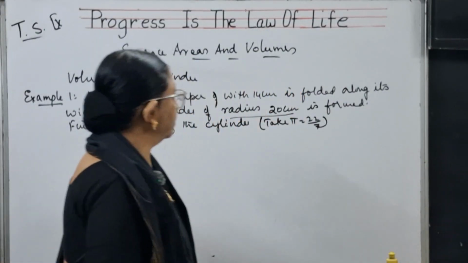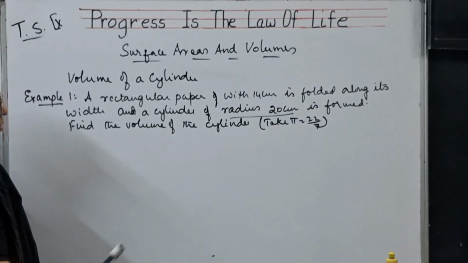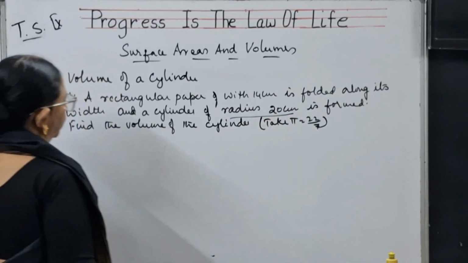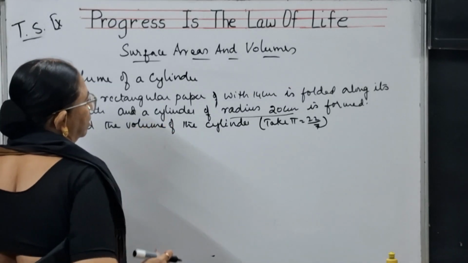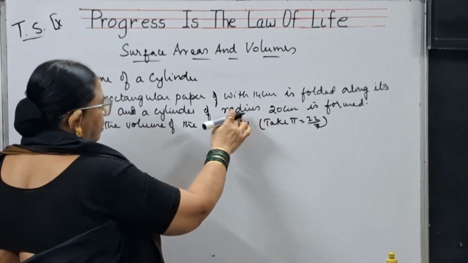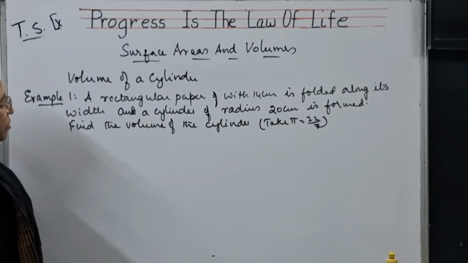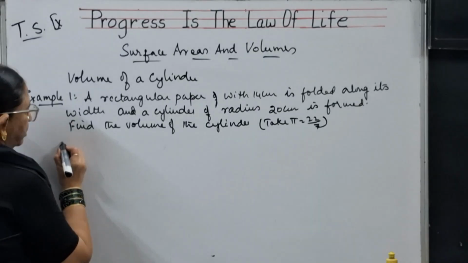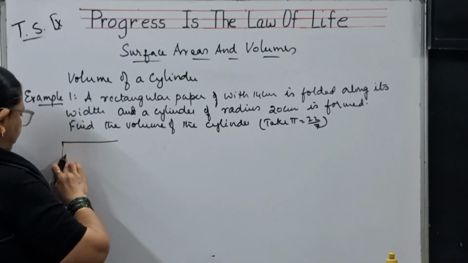Example 1 children. Example 1 is: a rectangular paper of width 14 centimeters is folded along its width and a cylinder of radius 20 centimeters is formed. Find the volume of the cylinder. That means there is a rectangular piece.